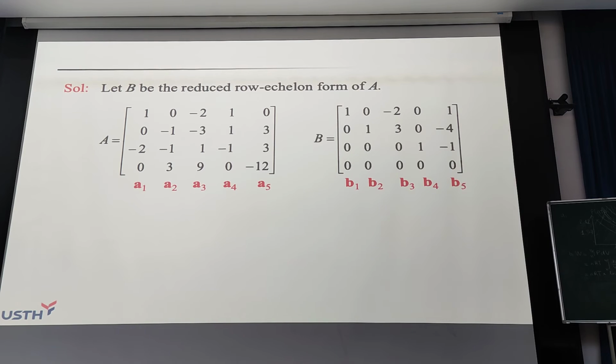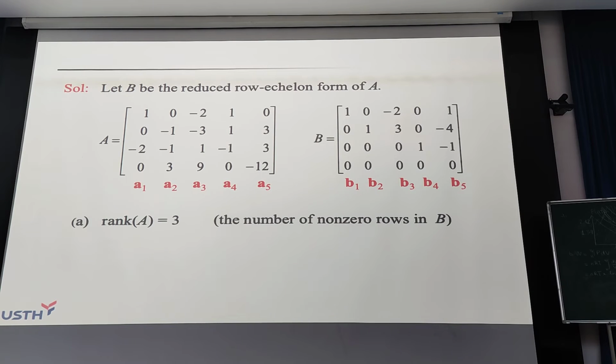Here you can see we apply row operations to transform A into B. If the columns of A are A1, A2, up to A5, now I denote the columns of B to be B1, B2, B3, B4, and B5. Please look at those columns. Which ones contain the leading one? The first column, the second column, and the fourth column.